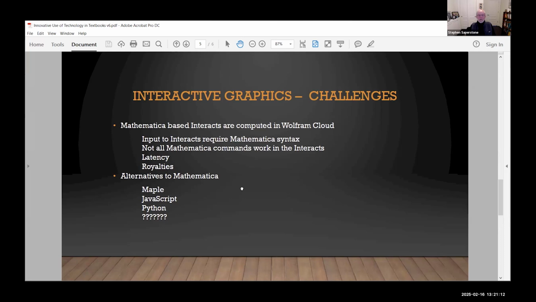There are issues and challenges mathematically. First of all, aside from what you see here, you have to use Mathematica syntax in order to enter an equation. I'll just give you another example here.